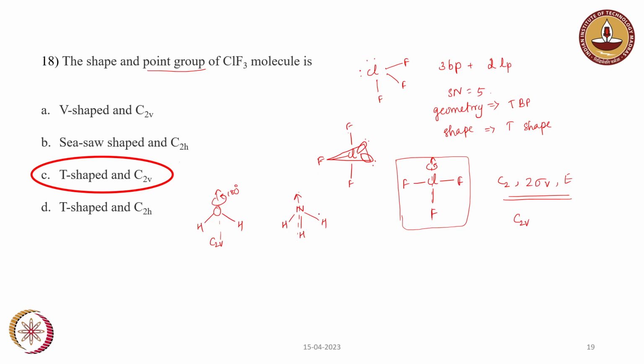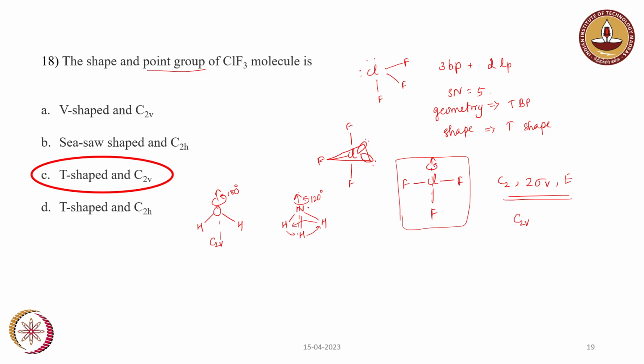So in NH3, there are three hydrogens. If I rotate this molecule by 120 degrees with the axis passing through the center of nitrogen, these hydrogens will get interchanged. This hydrogen will move to this position, this will move to this, and this hydrogen will move to this side.